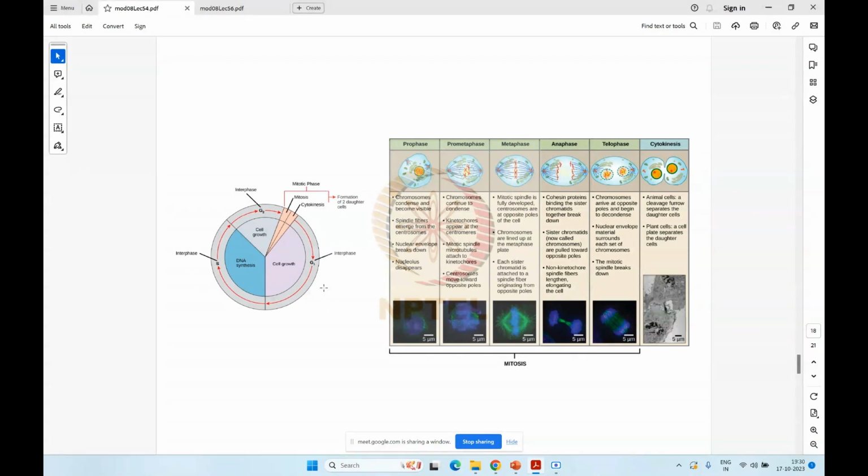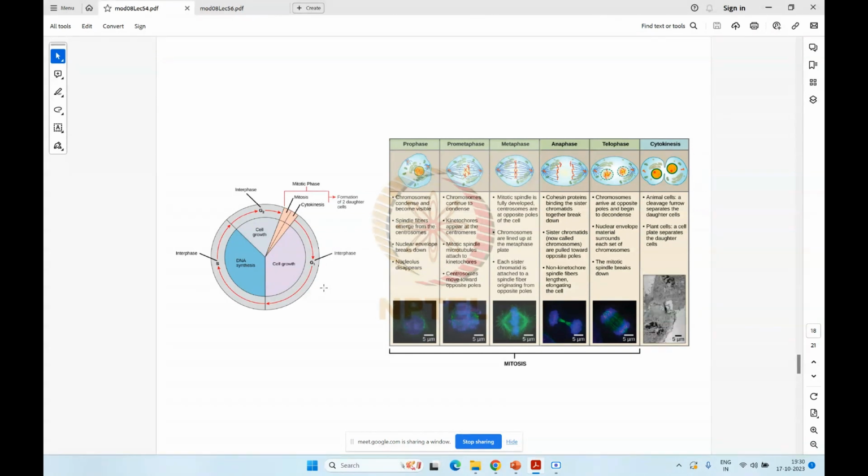Similar things happen in the intestine and in the lungs as well. There is another kind of cell division called meiosis, which is what is used to make the germ cells, the sperm and the egg. That is something different and hasn't been discussed in this course.